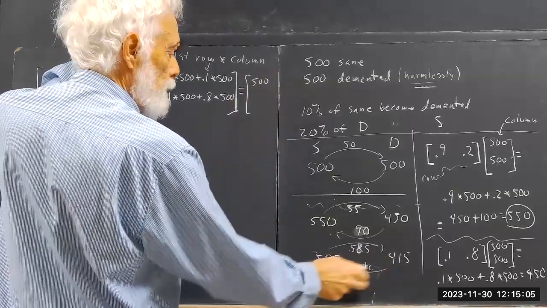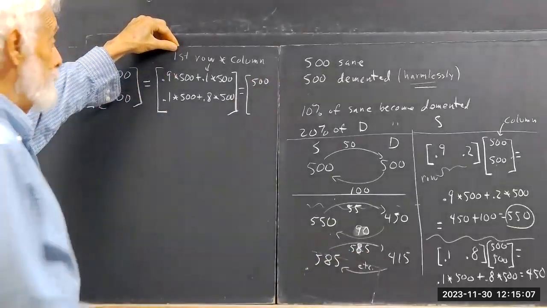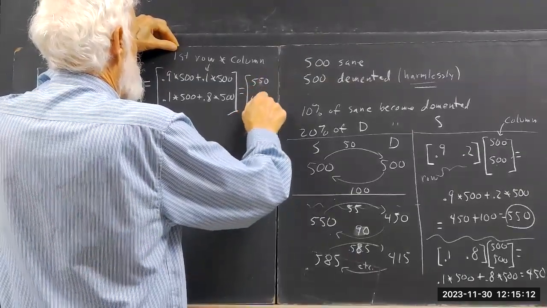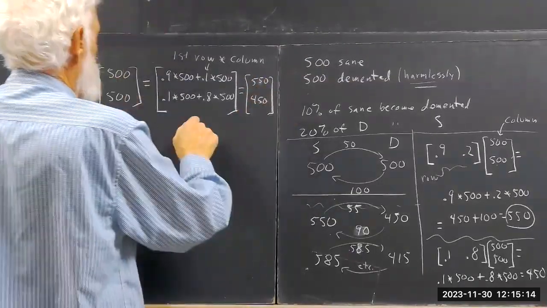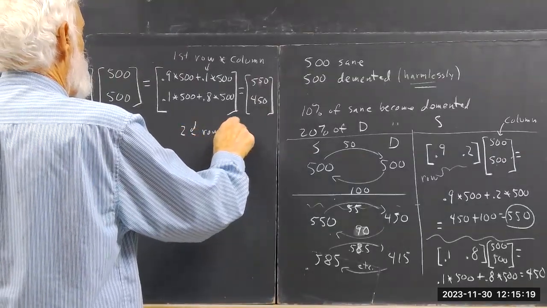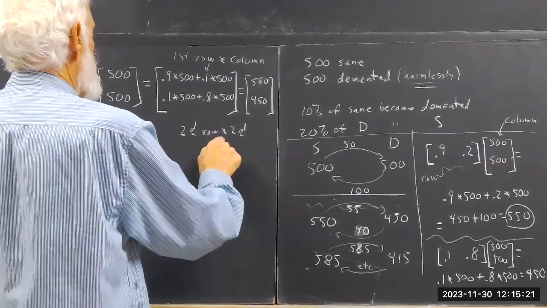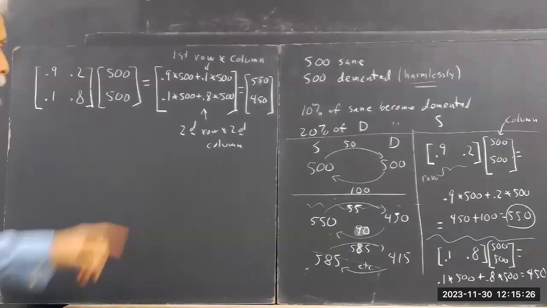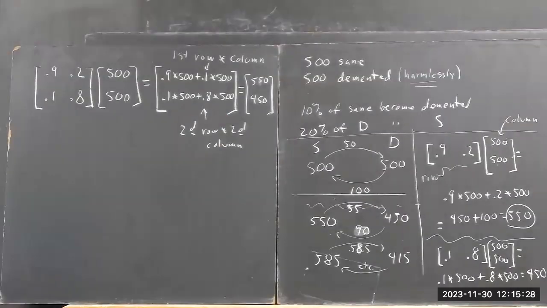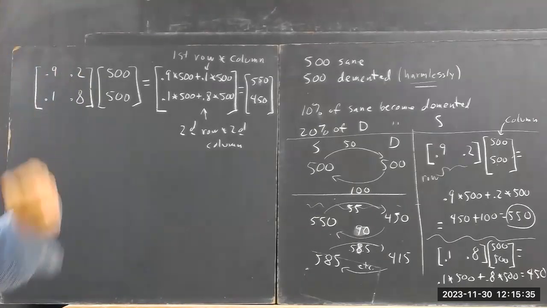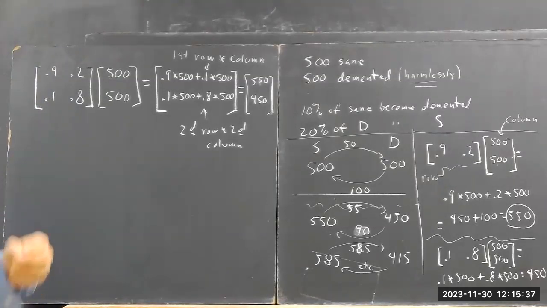When we start calculating these numbers with the matrix, there's our second row times the second column. Okay. So everything just lines up. It's very logical, very easy to see. Just got to get used to it. Okay.